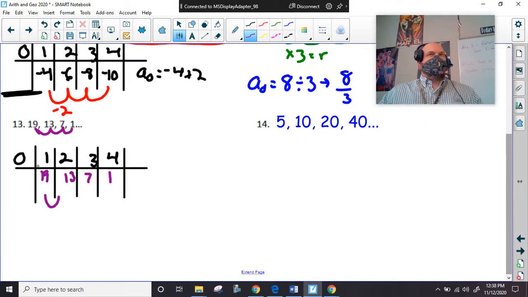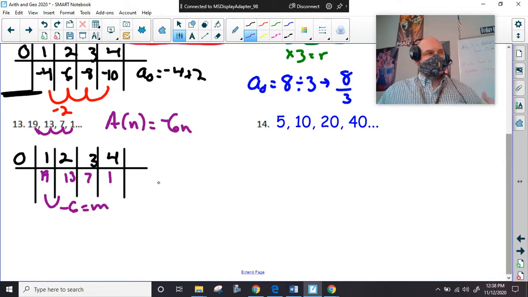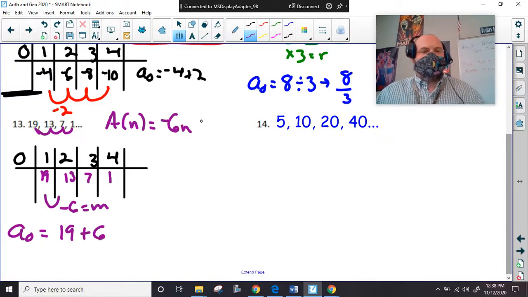How am I getting to the next number? Yeah, I'm subtracting 6. So that's my m. So I know I'm going to have a of n equals -6n. Okay. Now, if I'm subtracting 6 each time, to find my a sub 0, I got to do the opposite and add. So what's 19 plus 6? 25. Because that's even funnier than 24.